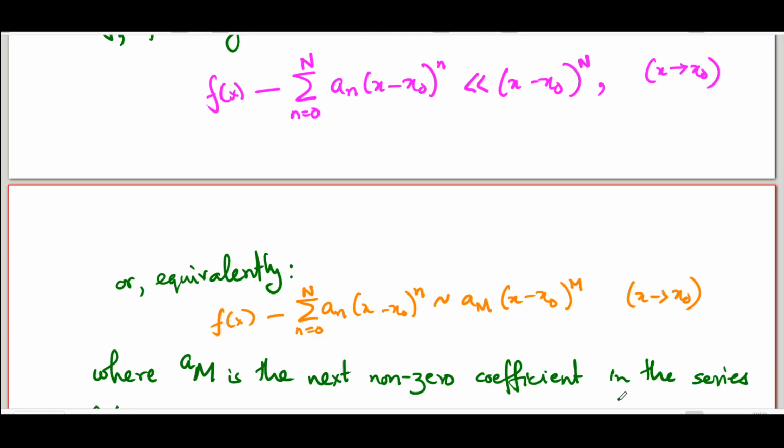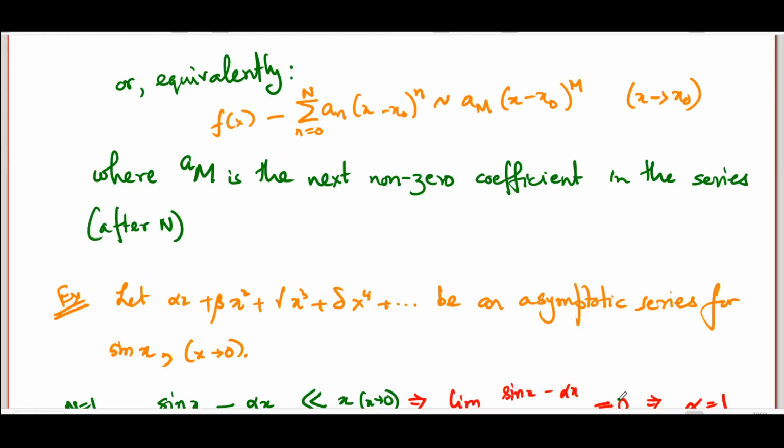At every stage, if you take away the partial sum up to that particular power from f of x, the difference has to be asymptotic to the next non-zero term in the series. In other words, at any given stage, the function is as close up to the particular power you are dealing with as possible. The difference only is in a higher power.